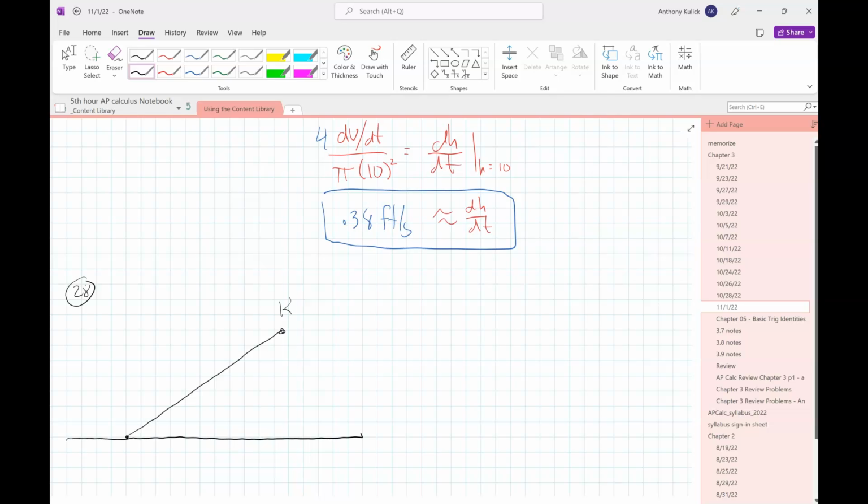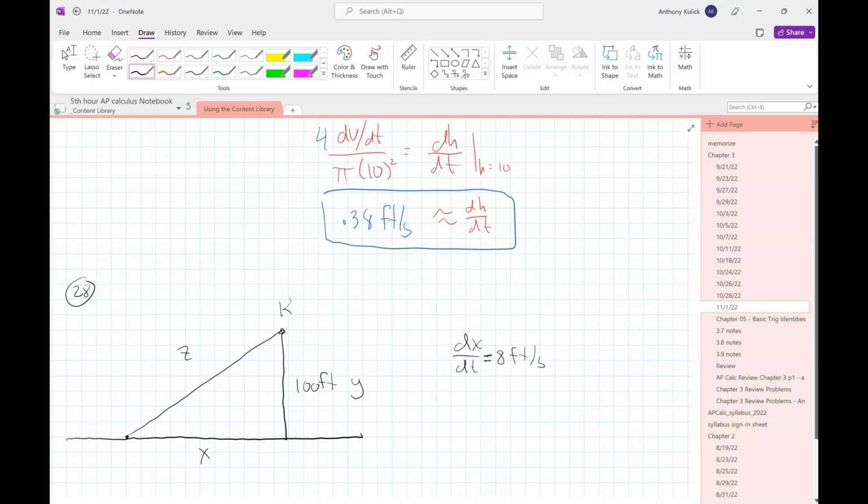Here's the ground. It says it's 100 feet above the ground. And it's moving horizontally, so I'm going to call this side x, this side y, this side z. So I know that dx/dt is 8 feet per second.